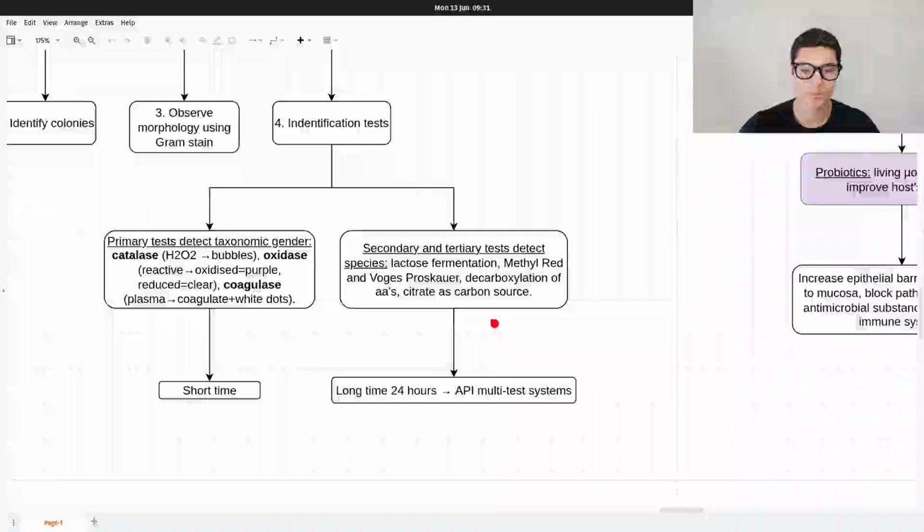So to not do one at a time, we use an API multi-test system, and with this system we can do a lot of these tests at the same time. In 24 hours, we will have the result for more than one of these tests. Otherwise, it would take about 5 days to complete them all.